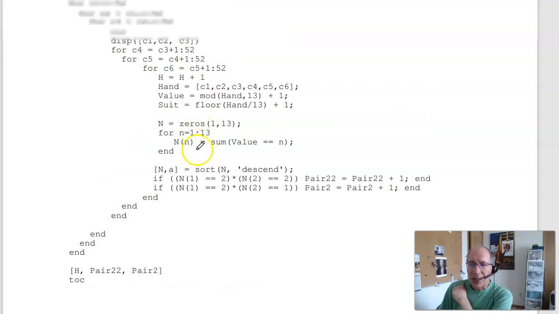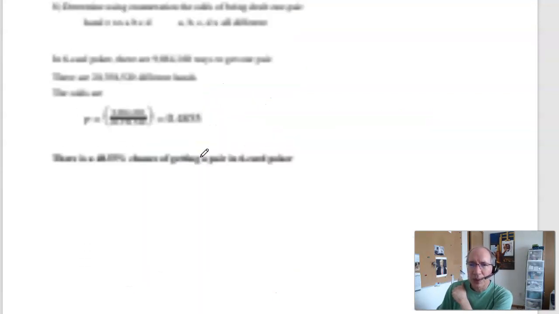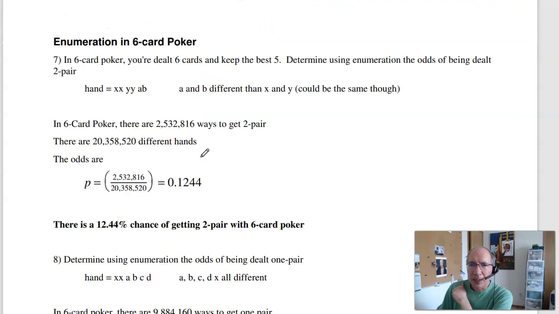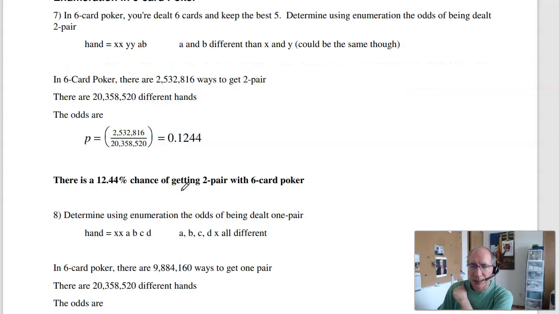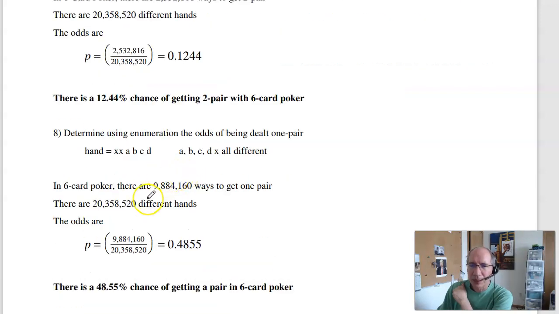Running through every combination and counting, what I wound up with is 2,532,816 ways to get 2 pair when dealt 6 cards. There are 20 million different hands, so the probability is 12%. For getting a single pair, it was 9.8 million different ways, or a probability of 48%.